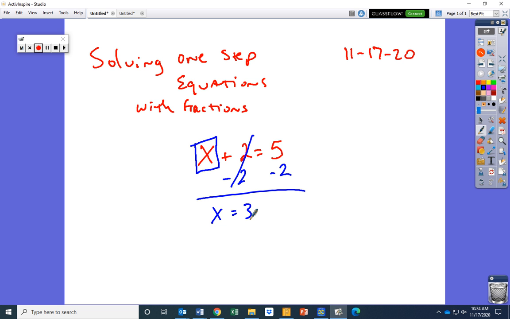So let's say I have a problem that looks like this: y plus 2 fifths equals, let's say, 9 tenths. Again, my objective is to get the variable completely by itself, right?